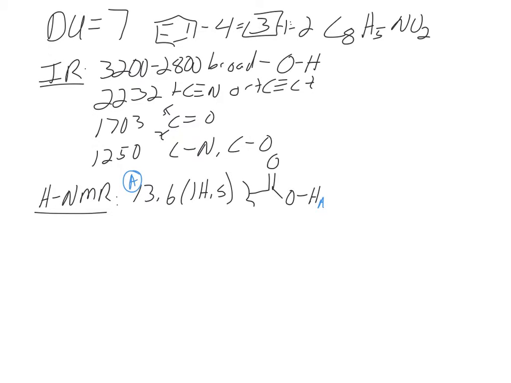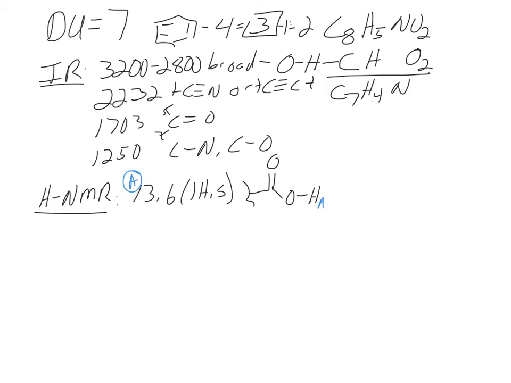Let's subtract the carboxylic acid part away from our molecular formula. So minus C, how many H's? 1 H and 2 O's, right? So what do we have left? C7H4N, right?